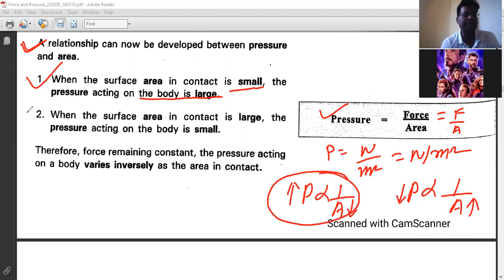So look at the second point: when the surface area in contact is large, pressure acting on the body is small. Therefore, force remaining constant, pressure acting on a body varies inversely as the area in contact. This is the main point which gives the relation between pressure and area.